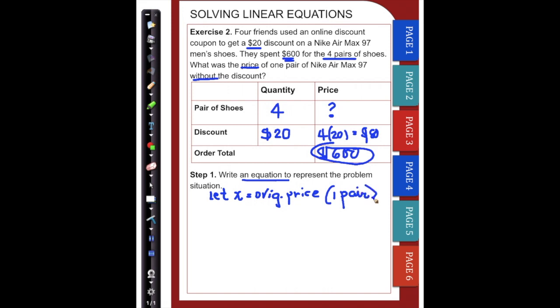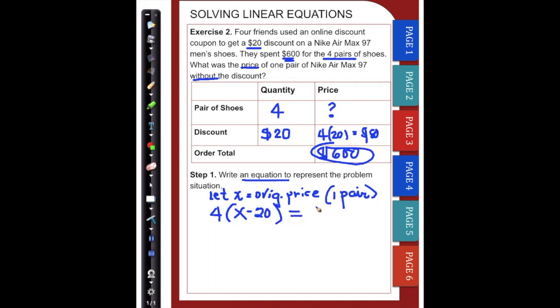So 4 times the original price minus the discount of $20, that is x minus 20. Close parentheses, equals $600. But we said 80 here, right?